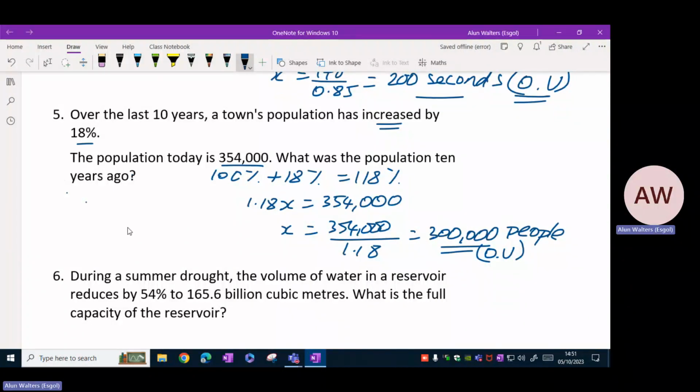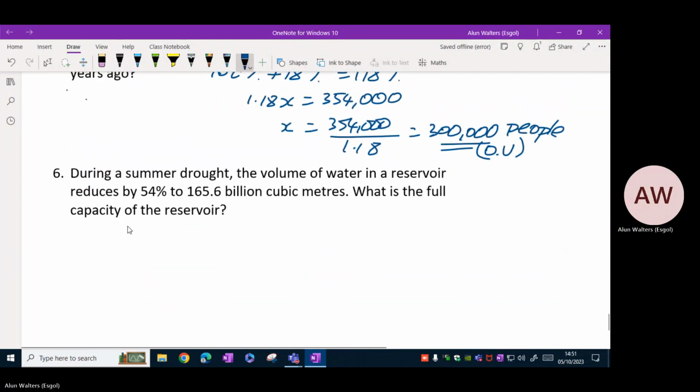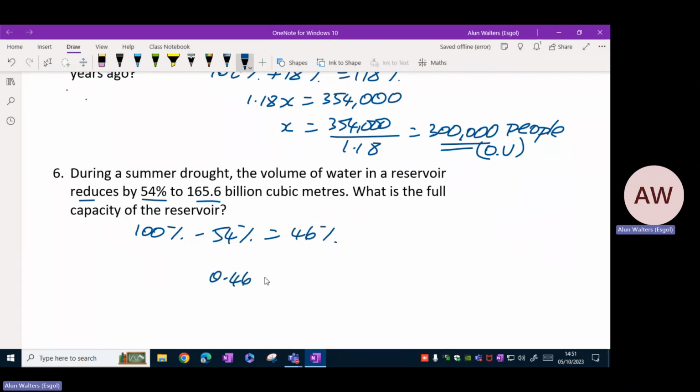Okay, and the last question. Pause once again and try it. Here we go. It's a reduction by 54%, so we say 100%, take away 54% is 46%. So the multiplier is 0.46 times the original value is 165.6 billion meters cubed.